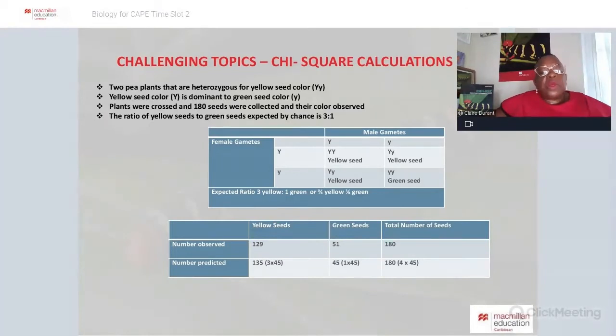And the number that would have been predicted using our 3-to-1 ratio would have been 135, which is 3 times 45, and 45, which is obviously 1 times 45, to give 180.